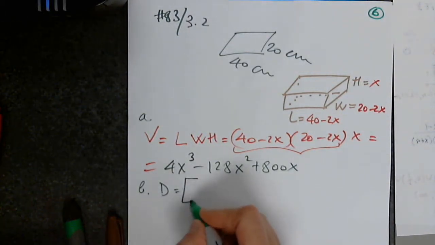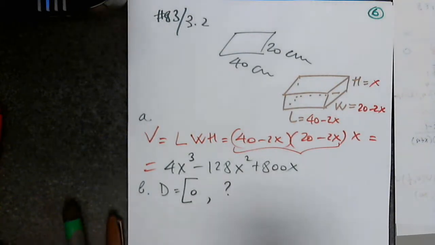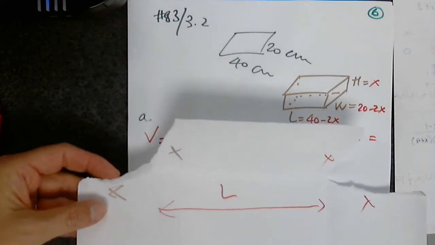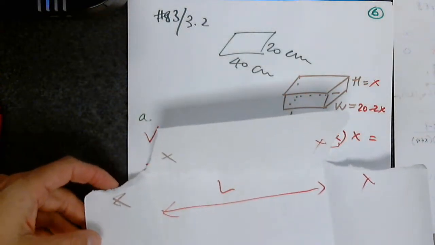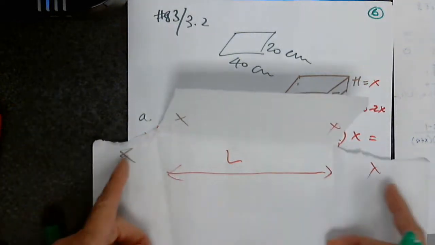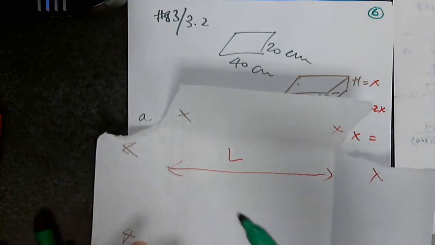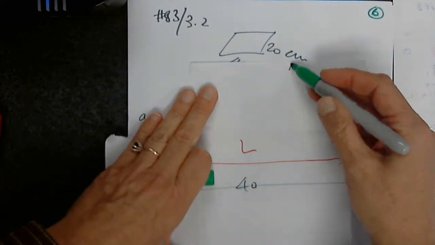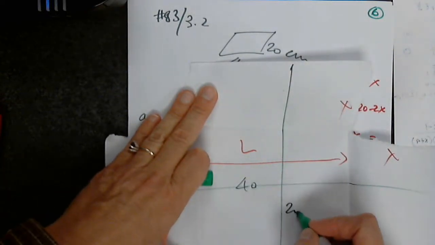Obviously, it cannot be a negative number because we're talking about x, and x is the height. So what would be the maximum possible x? Between these two edges I have 40, and here between these two edges I have 20.